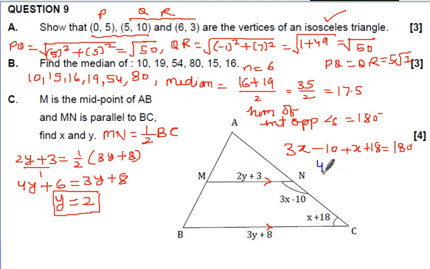So you get 4x plus 8 is 180. You can shift that side, it will become minus 8. So you get, this is 10 and this is 18, so 4x is 172. So x is 172 upon 4. X comes 4 fours are 16, 4 threes are 12, so 43.